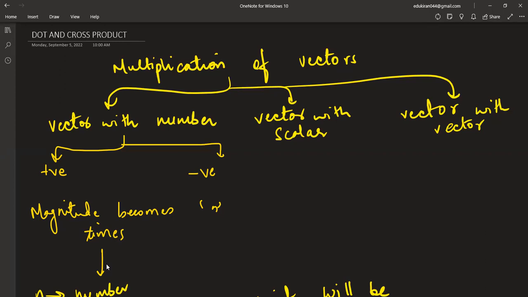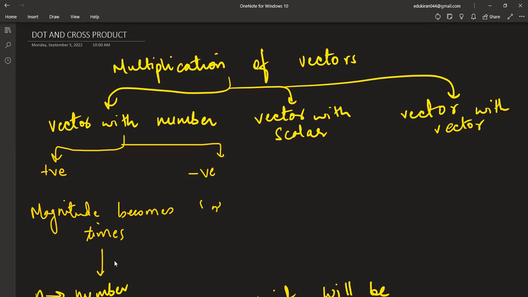Any number can be chosen. The magnitude just becomes n times. If 4 meter per second is the magnitude of velocity and we multiply it with 2, the magnitude becomes 2 times, that is 8. So the magnitude becomes n times when you multiply a vector with just a number.